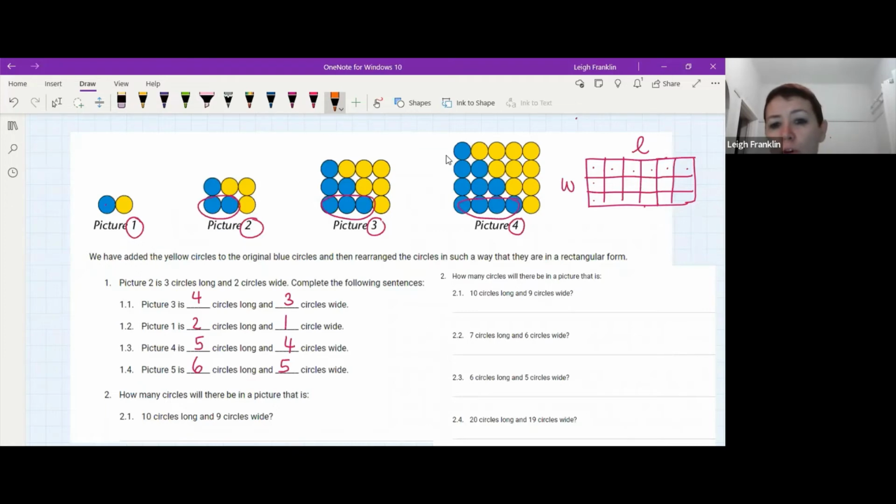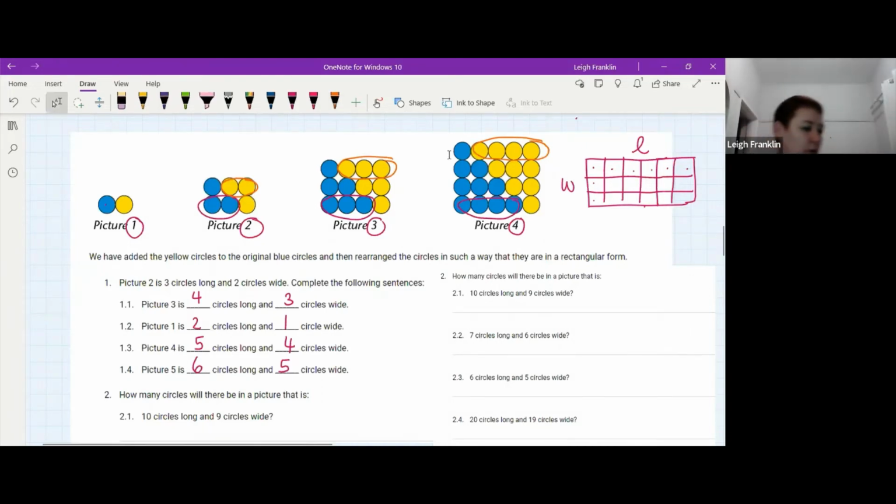Or the other way you could look at it is you've got 4 yellow circles at the top of picture 4, or 3 yellow circles at the top of picture 3, or 2 yellow circles at the top of picture 2, if you wanted to look at it that way. All right, so now they start asking us questions about circles in pictures that are not even drawn.